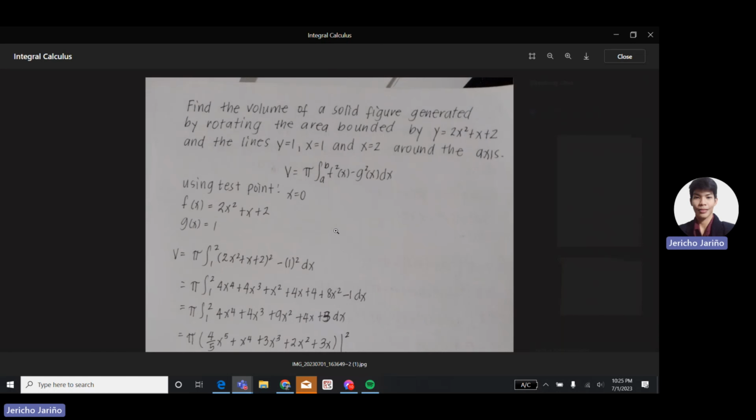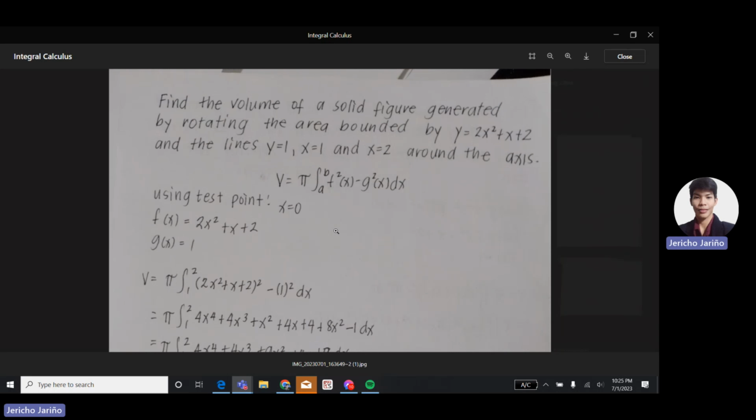Then we just have to expand the expressions inside the integral sign, in which we perform the square of the trinomial. So we get π times the integral of 4x⁴ + 4x³ + x² + 4x + 4 + 8x² − 1 with respect to x.